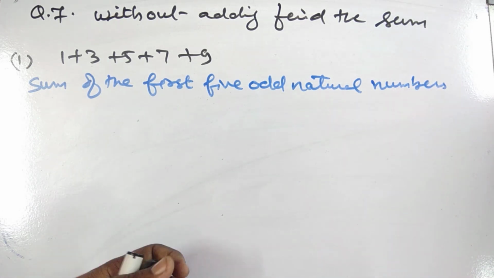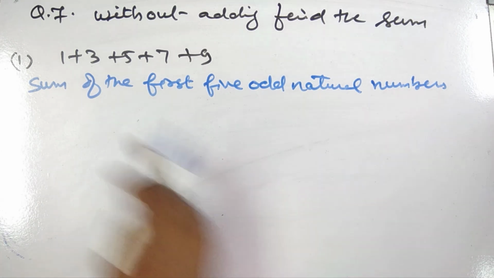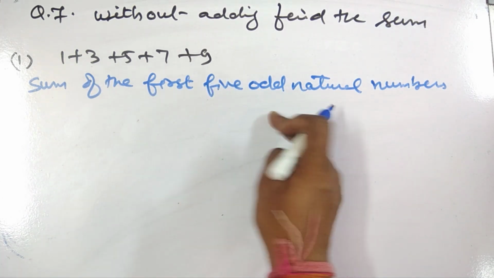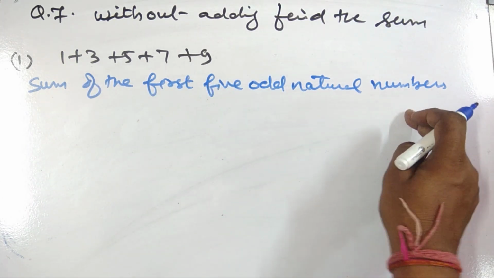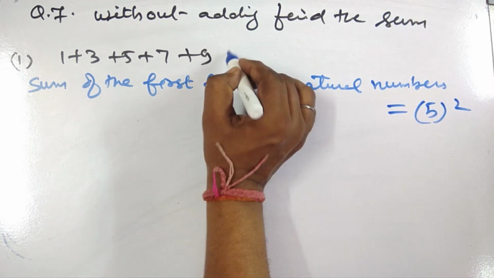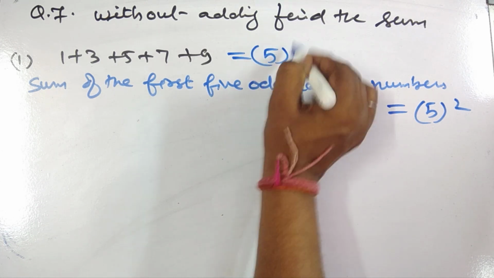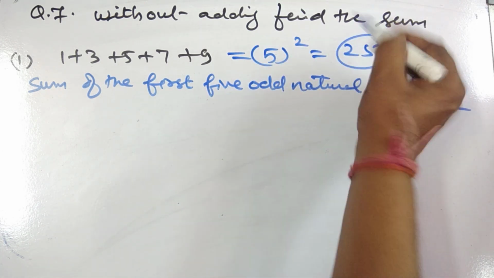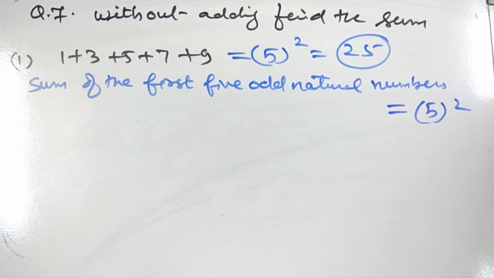Sum of the first 5 odd natural numbers. So this is equal to 5 square. It means this is equal to 25.